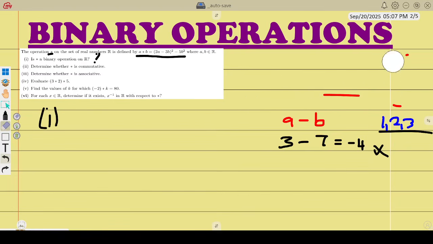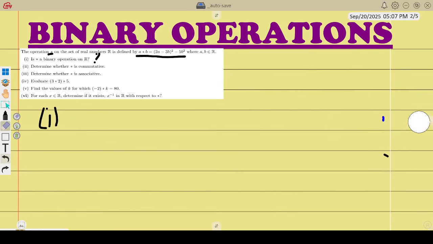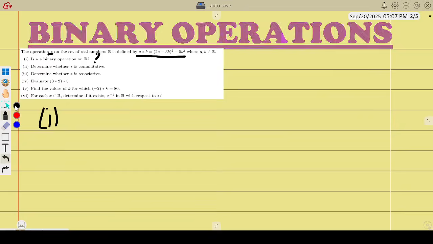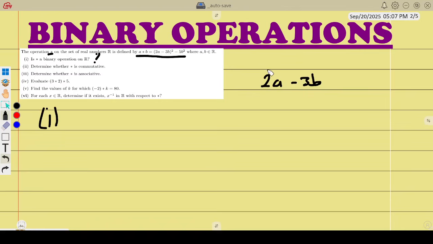Now coming to the one we have now, the question is, is the operation binary on real numbers? So I have 2a minus 3b, this is squared, minus 5b squared.